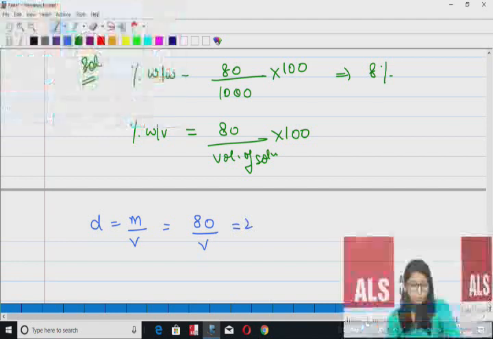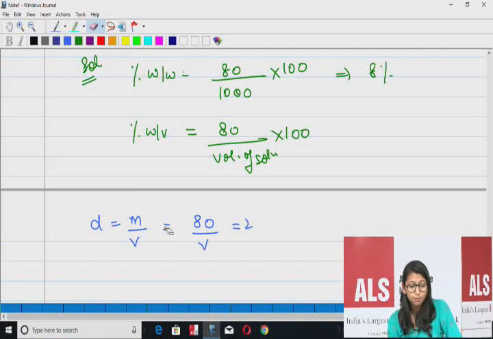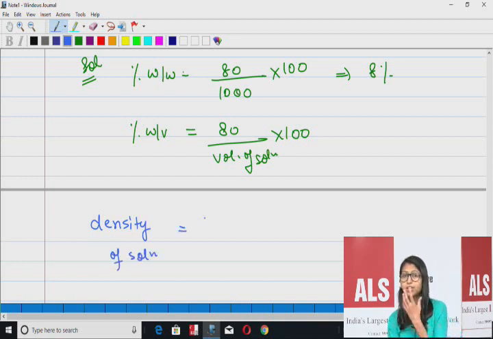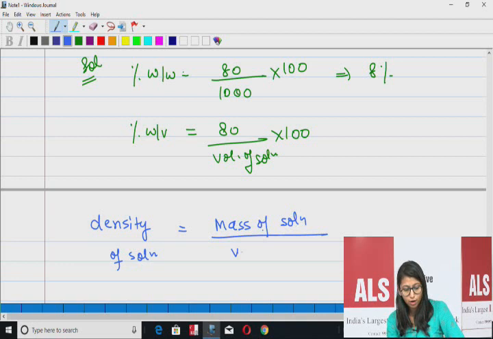Why? Because, do not put the mass of solute here. So that is why I am writing it in detail, and you should also write. The density given in the question is the density of solution. So if you are having the density of solution, you will be putting the mass of solution, and here you have to put the volume of solution.